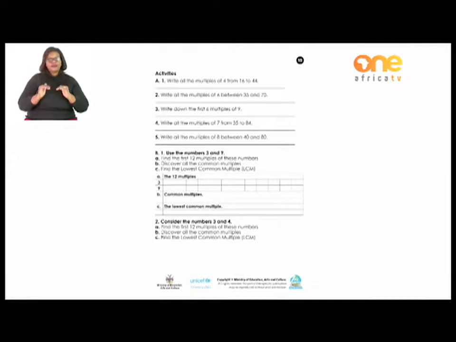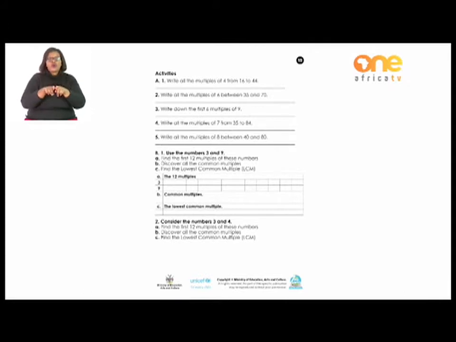In B, now you have to find the LCM, because you have to use the numbers 3 and 9. First of all, you have to find the first 12 multiples of these numbers. Secondly, you have to discover all the common multiples. And then in C, you have to find the lowest common multiple.